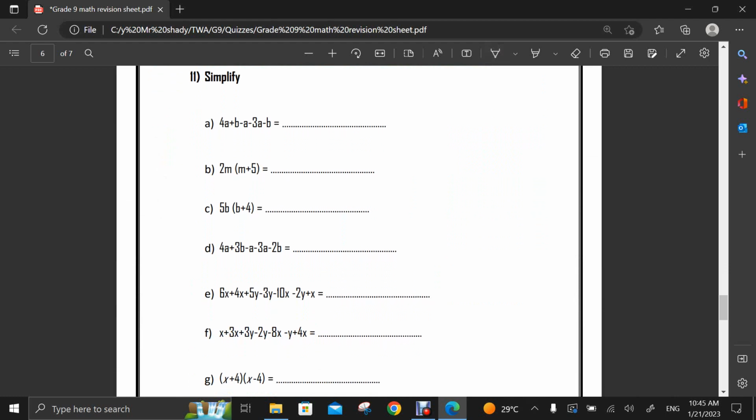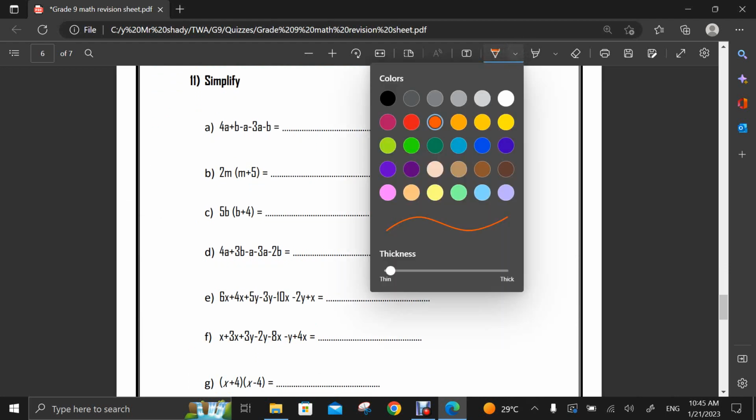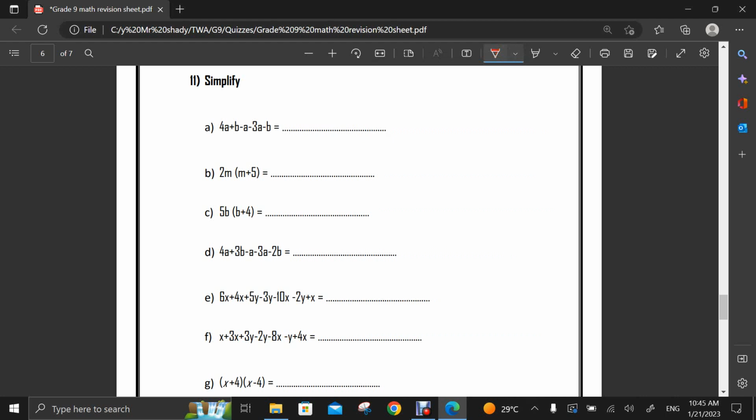The next one here, simplify. Question 11. 4a plus b minus a minus 3a minus b. So, this is so easy. I'm going to collect like terms. So we have here 4a and negative a and negative 3a.